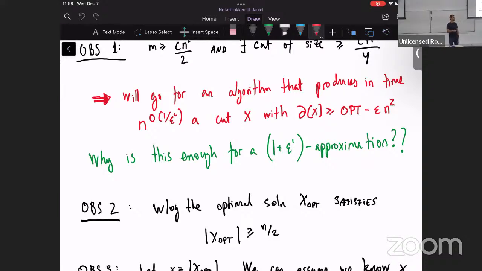So in general, in order to be a multiplicative 1 plus epsilon approximation, it's sufficient to be off from opt additively by some epsilon prime n squared. That's what I'm going to be shooting for. From now on, I'm just going to shoot for being off additively from opt by at most epsilon n squared.